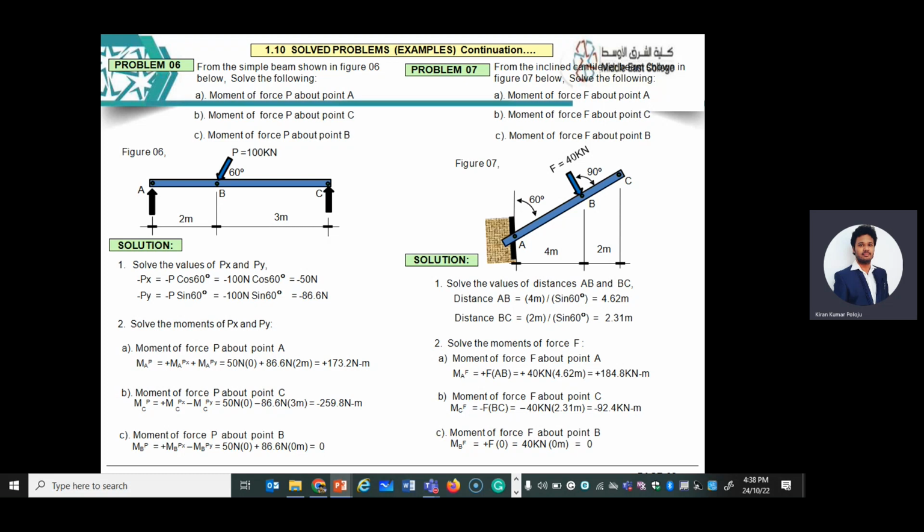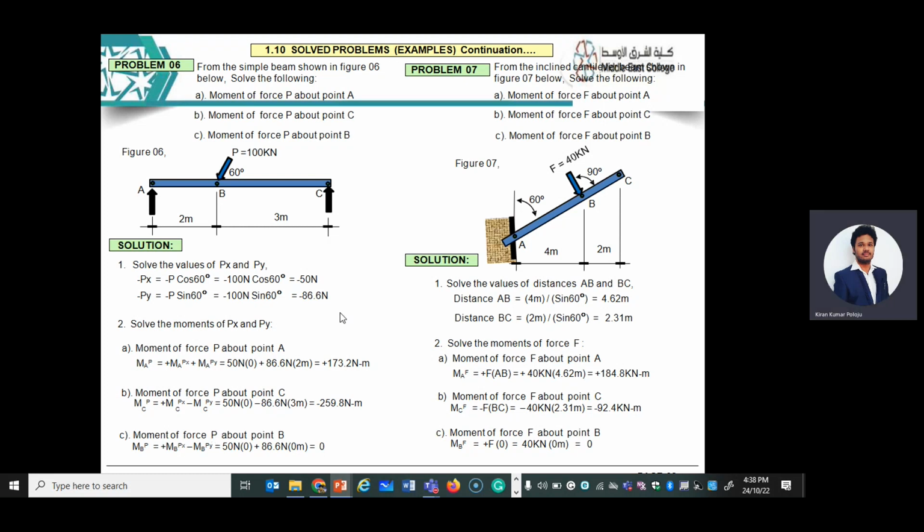So here, the distance will be 3 meters. Is it clear? So maybe first and second numericals you may get confused, but if you keep on doing this type of example problems, then you will understand. You will become familiar. We'll do some examples. I'll try to make you clear with these type of questions.